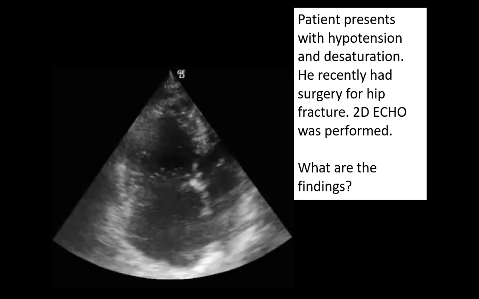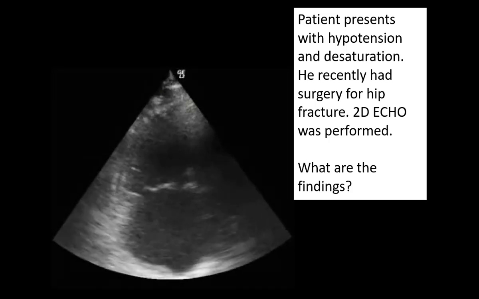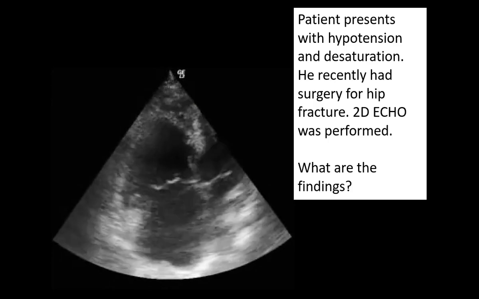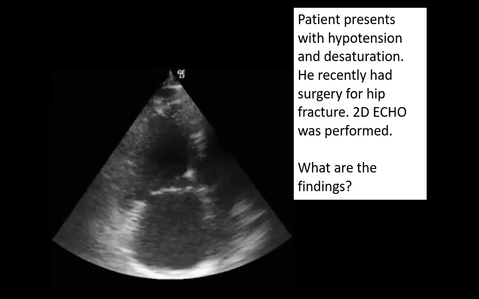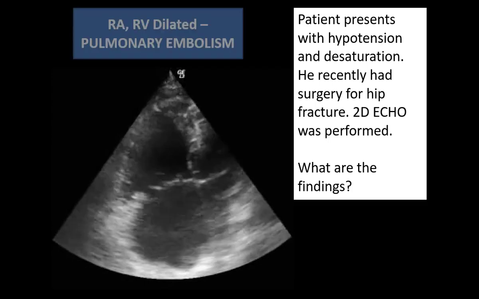A patient presents with hypotension and desaturation. He recently had history of hip fracture. 2D echo was performed. Now what are the findings? There is RA-RV dilatation, so it's a pulmonary embolism. Thank you.